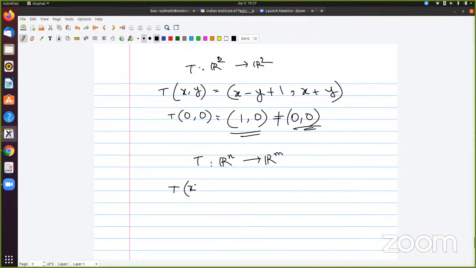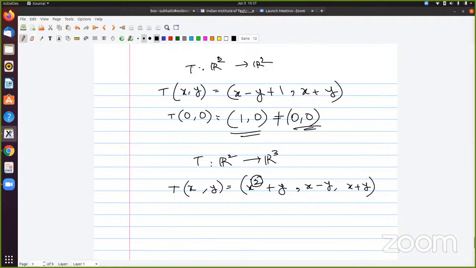What does it mean? Suppose I am taking R2 to R3 and I am giving you a map like this: x square plus y, x minus y, and x plus y. Will this be a linear transformation? No. Because there is a power 2.